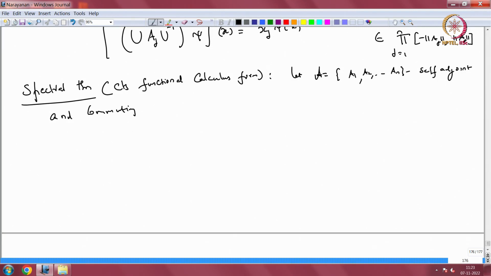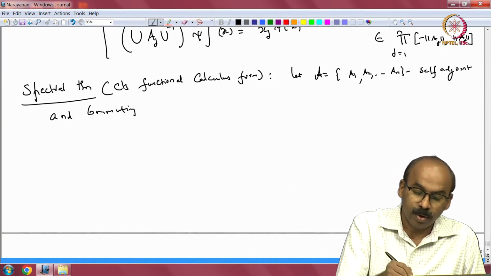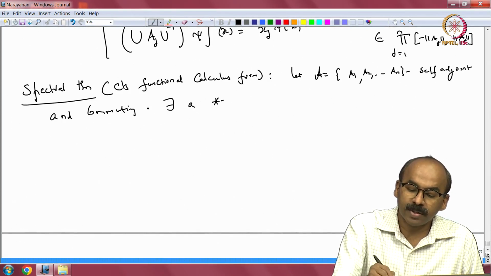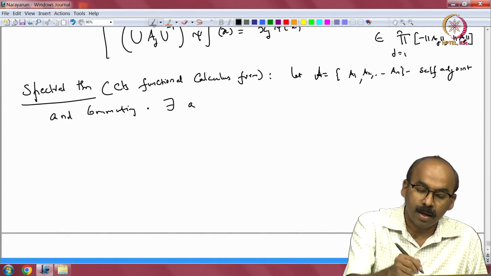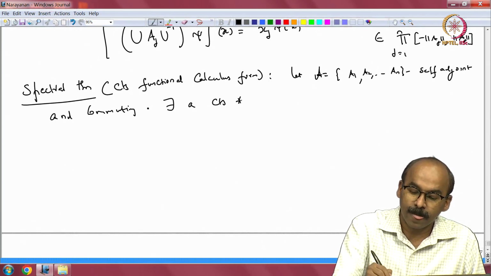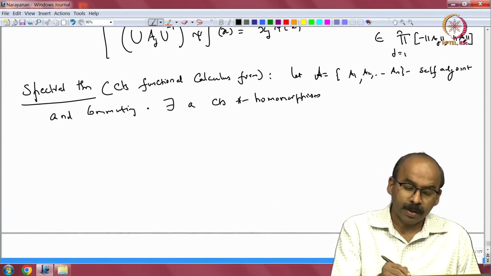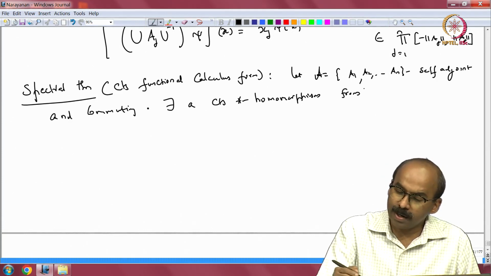The continuous functional calculus will tell me that there exists a continuous star homomorphism from the continuous functions on this product set. We can give it some name.